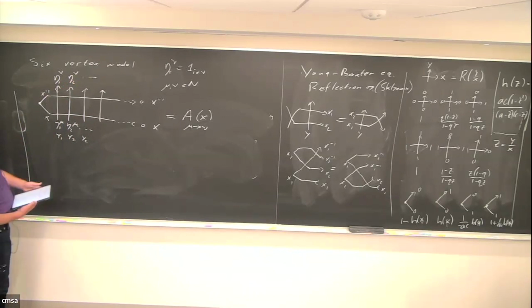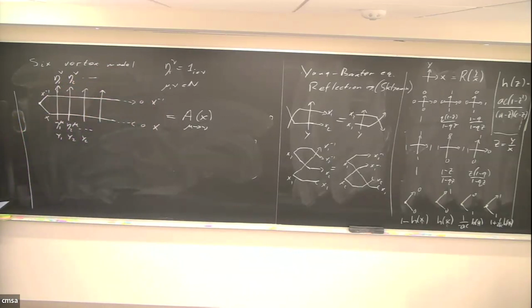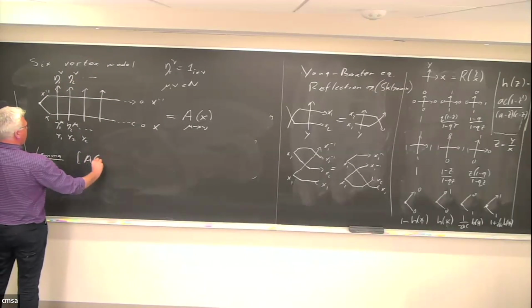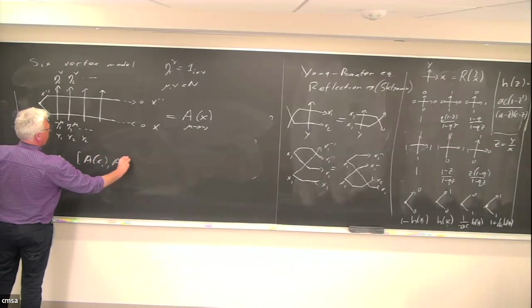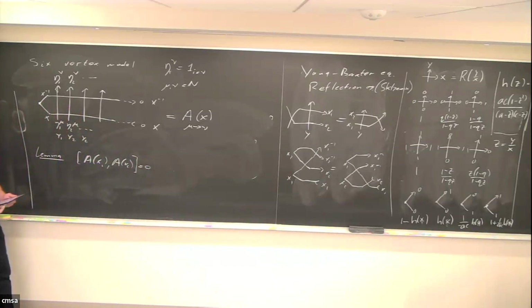So if I stack 2 of these a's on top of each other, you can prove that they commute. So maybe put it as a little lemma that a of x1 and a of x2 commute.